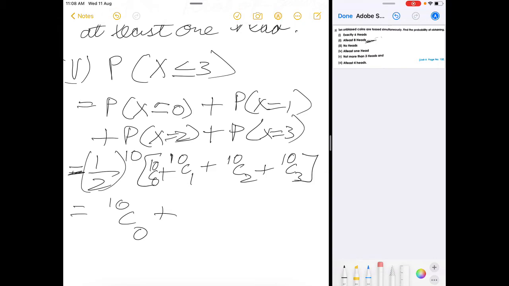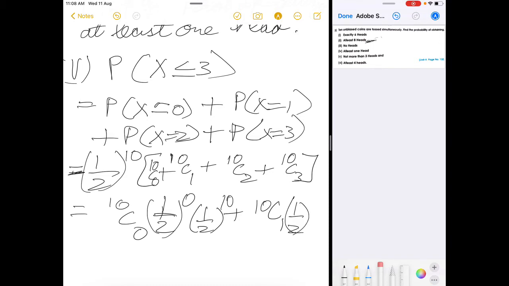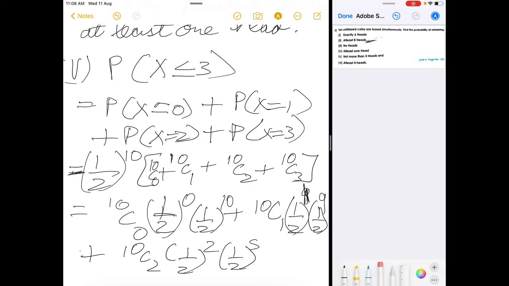So 10 C0 half to the power 0 multiply half to the power 10 plus 10 C1 half to the power 1 and half to the power 9 plus 10 C2 half to the power 2 half to the power 8 plus 10 C3 half to the power 3 half to the power 7.